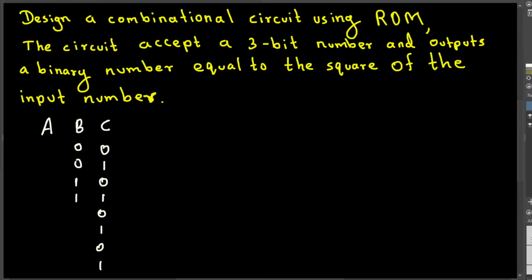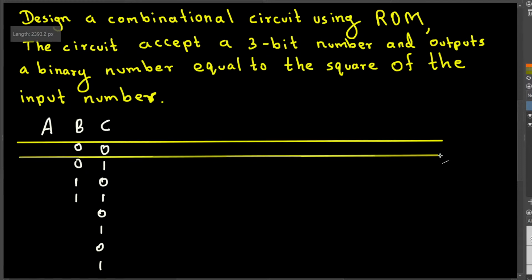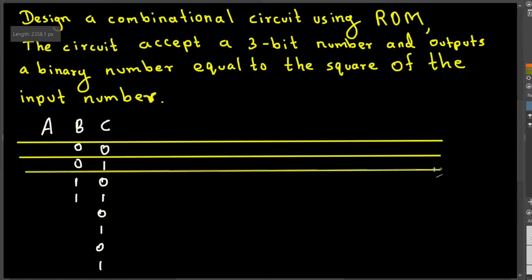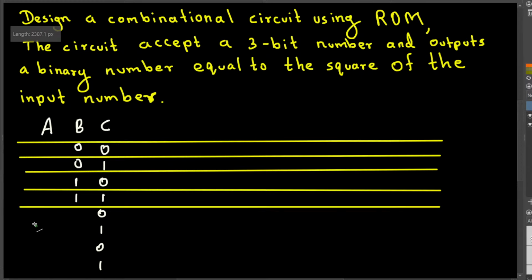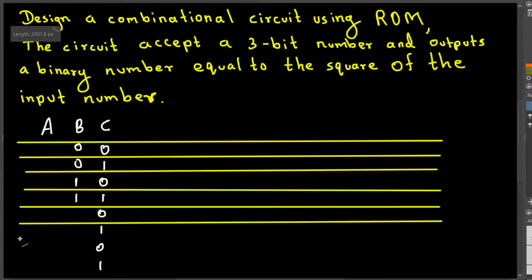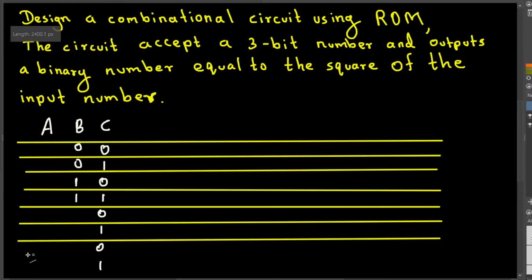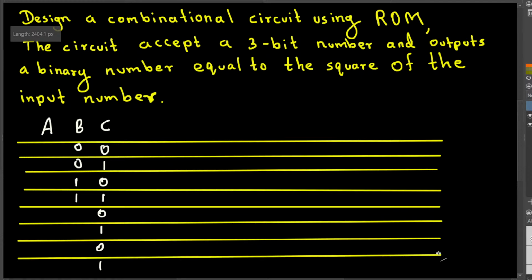It's better to divide so you can see the lines connected with it. Here we have 3 inputs.